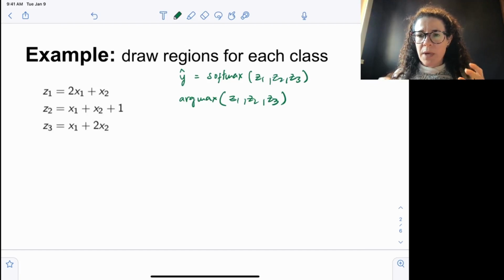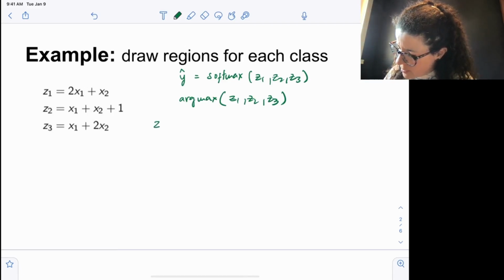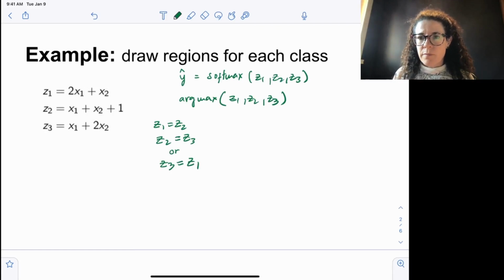And the places where this maximum could change are places where z1 is equal to z2, or z2 is equal to z3, or z3 is equal to z1. So the only places where predictions could change are places in which this equality happens.